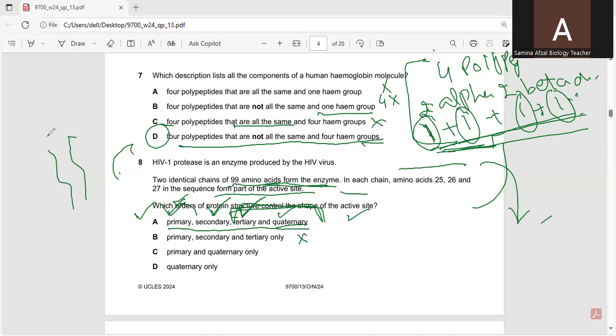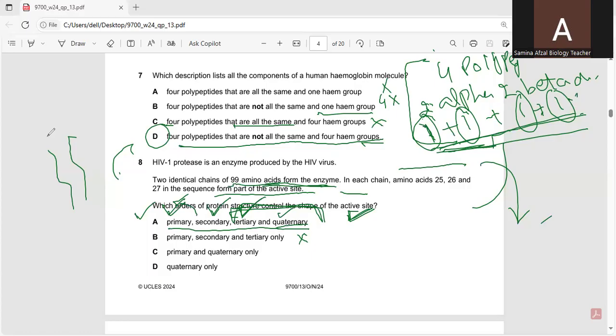The primary structure, the specific amino acid sequence, directly determines which R groups are present. When there is only primary structure, it determines where the different types of structures are. So all four types of structure are arranged in a sequence.